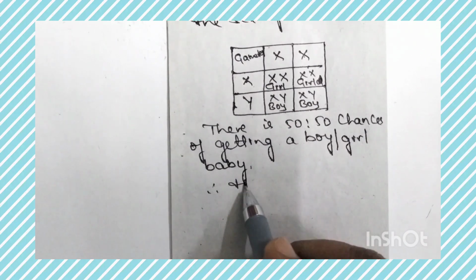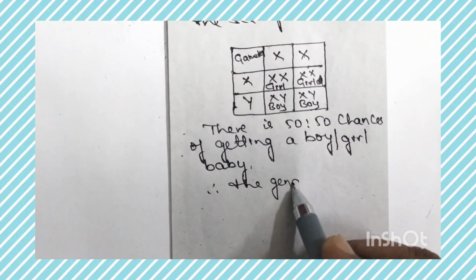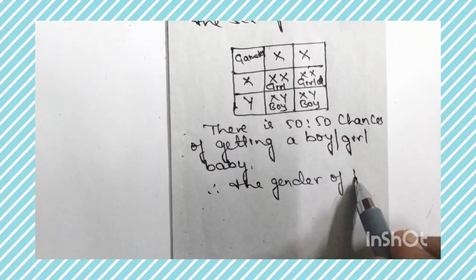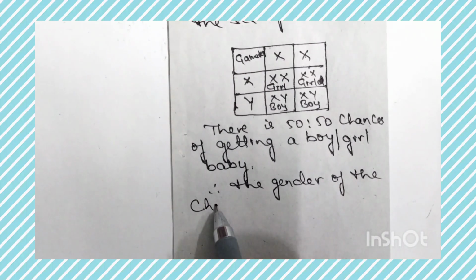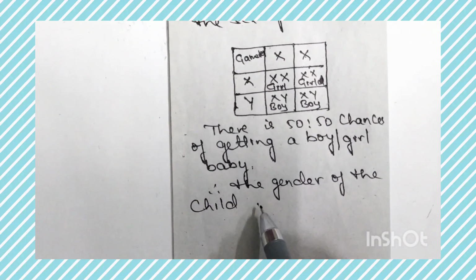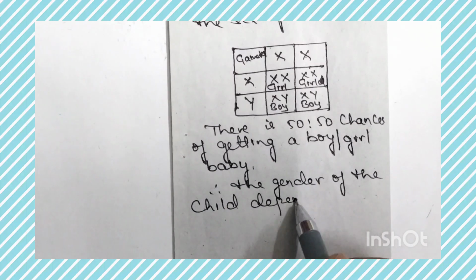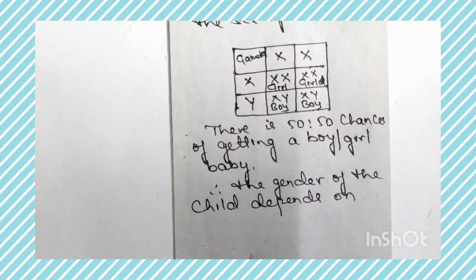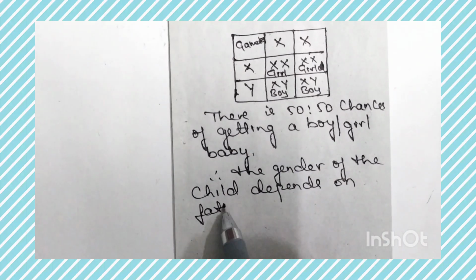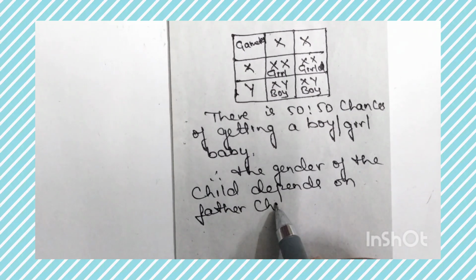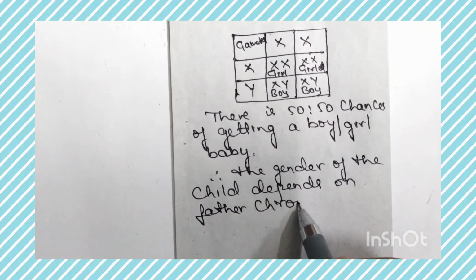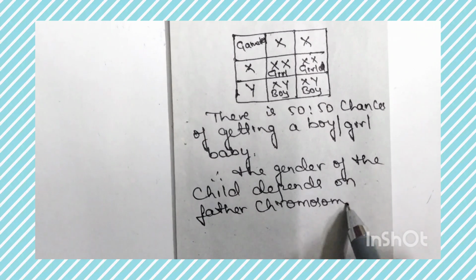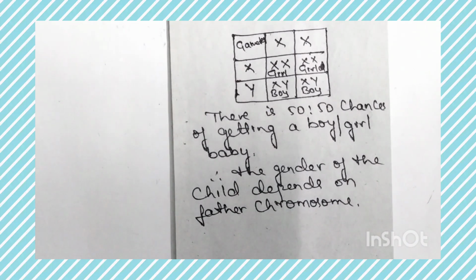Therefore the gender of the child depends on the father's chromosome. So this is about sex determination in human beings.